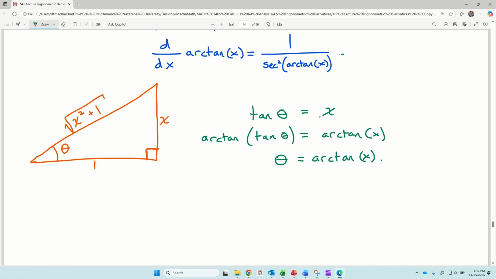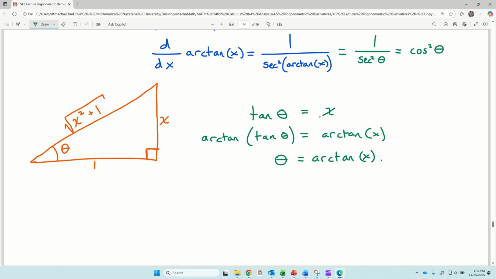So now I can write that the derivative of arctangent is 1 divided by secant squared of theta. And secant is the reciprocal of cosine, so now I can say that the derivative of arctangent is cosine squared of theta. Well, look back at my triangle.